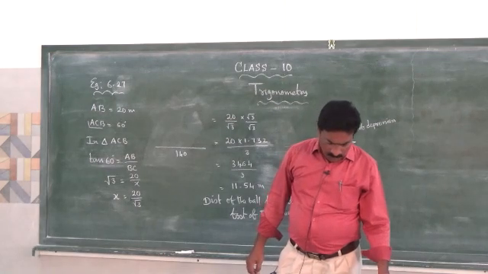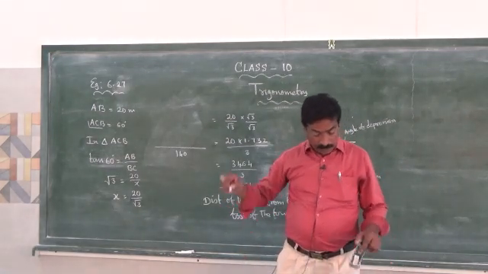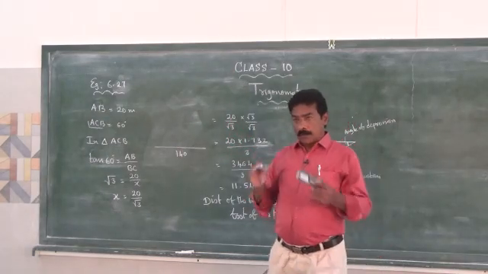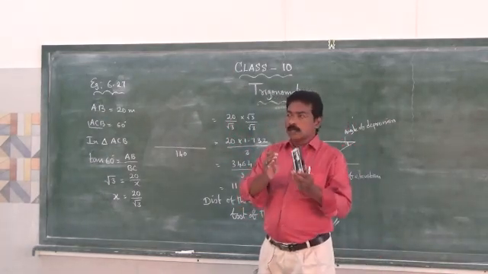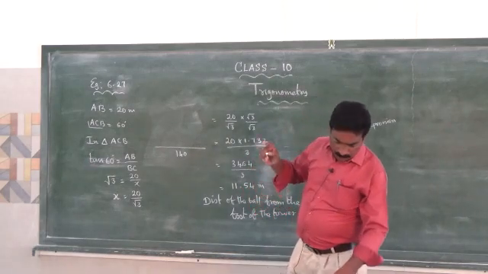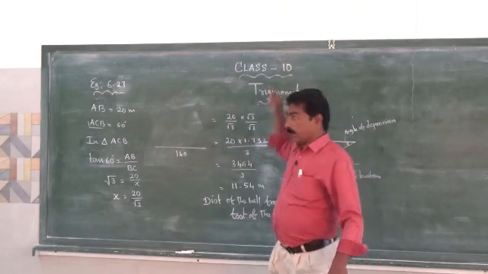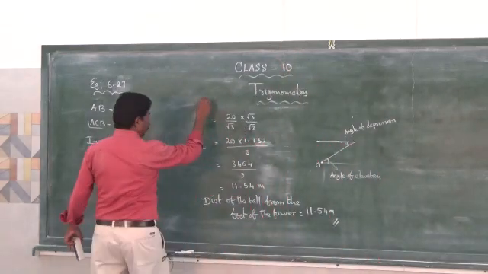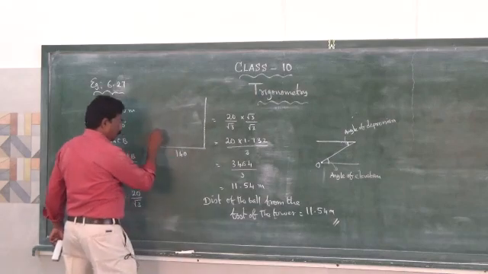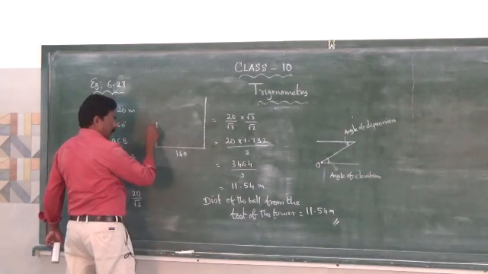The angle of depression of the top of the first building when seen from the top of the second building. So from this sentence we have to understand which building is taller, which building is shorter. So from the top of the second building you are looking at the top of the first building.